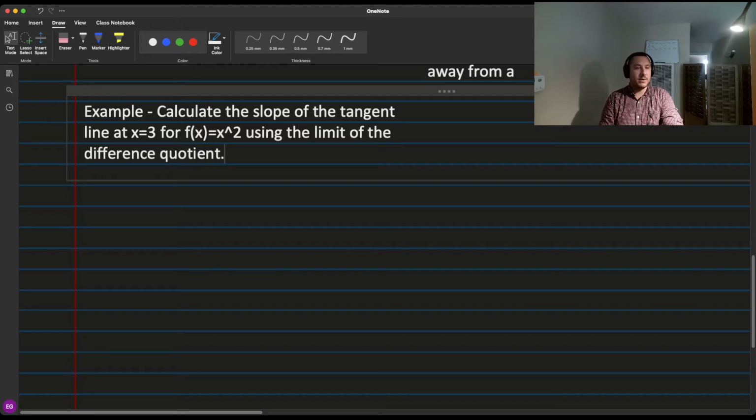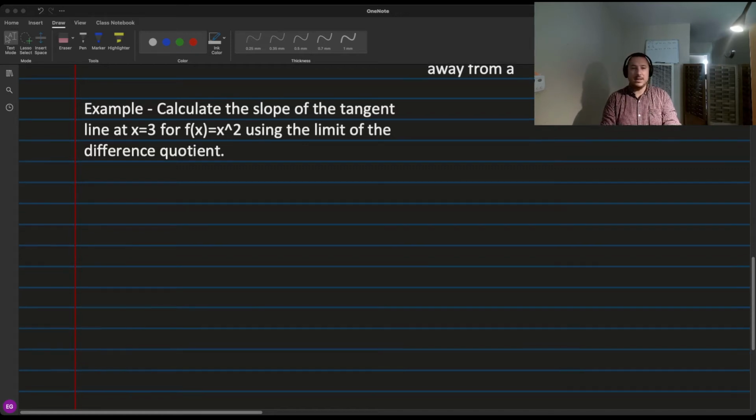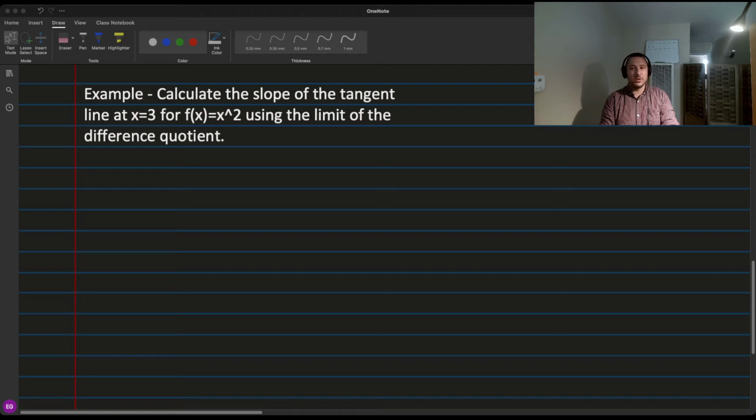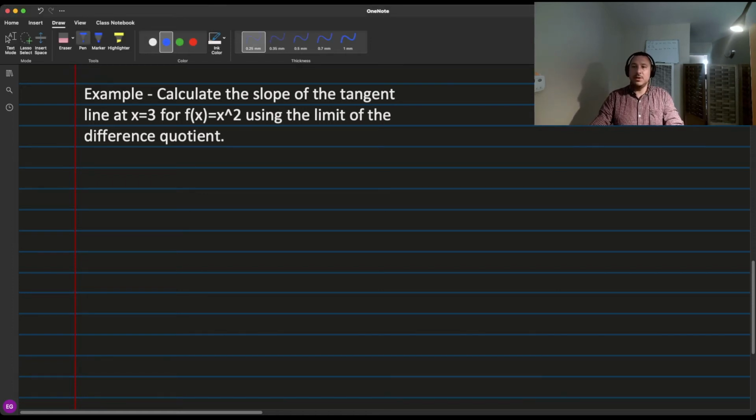So I'm basically telling you in the problem how you're supposed to do this: you do it by taking the limit of the difference quotient. Notice in the problem they tell you where you're finding the tangent line. You're finding the tangent line at 3, which means that's your a value. And your function is f of x equals x squared.